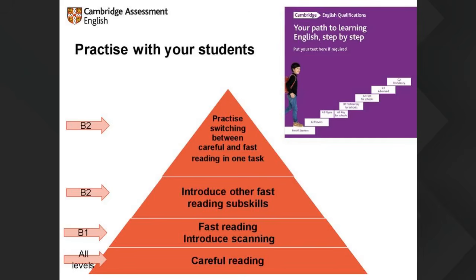So I think that the key as we move upwards is to start developing fast reading sub skills. For example, at B1, we can introduce scanning, which is slightly less demanding than other fast reading sub skills. And then at B2, we will also need to give our students enough practice so that they can switch between careful and fast reading as appropriate.